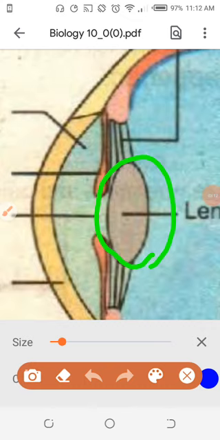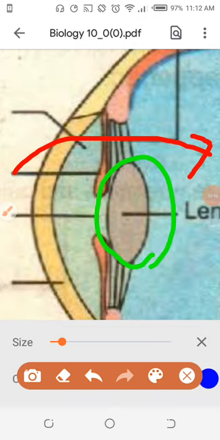To capture the light image from outside and to move that image to the back side, to the rod-shaped cells and cone-shaped cells, so that they can convert the light into an image. That image is carried by the optic nerve to the brain. That is the function of the eye.